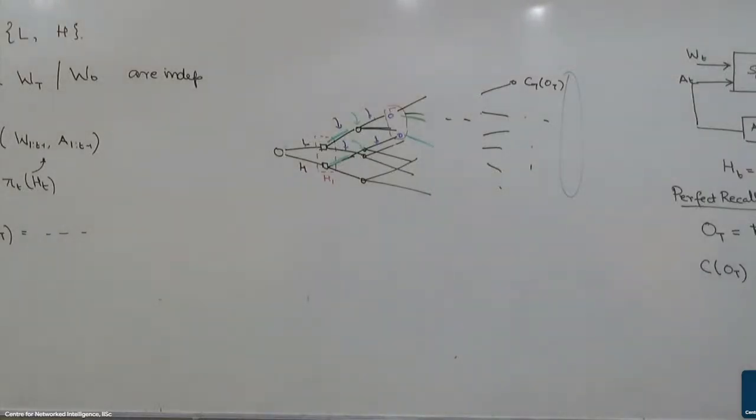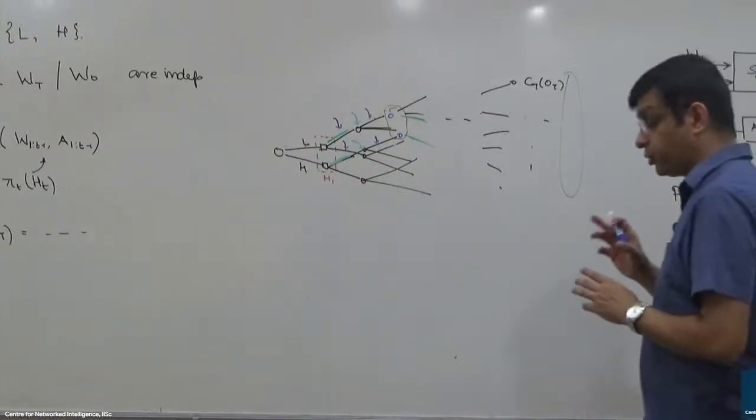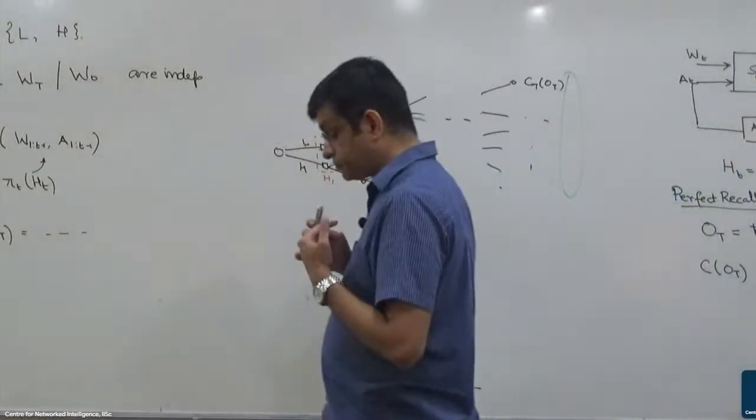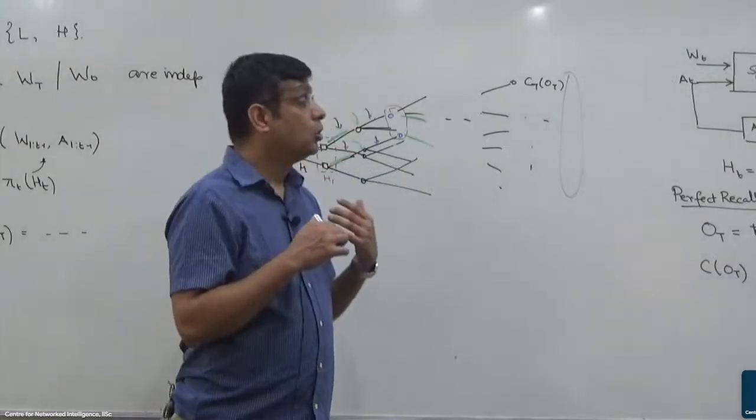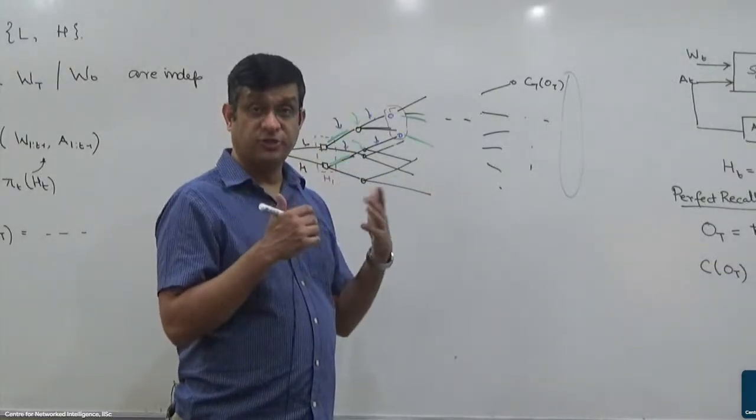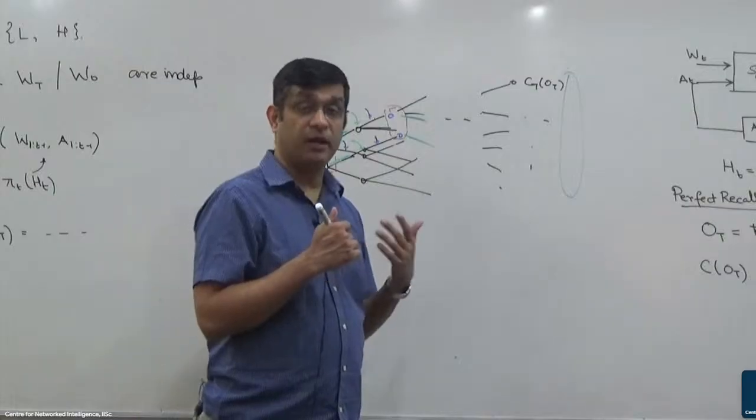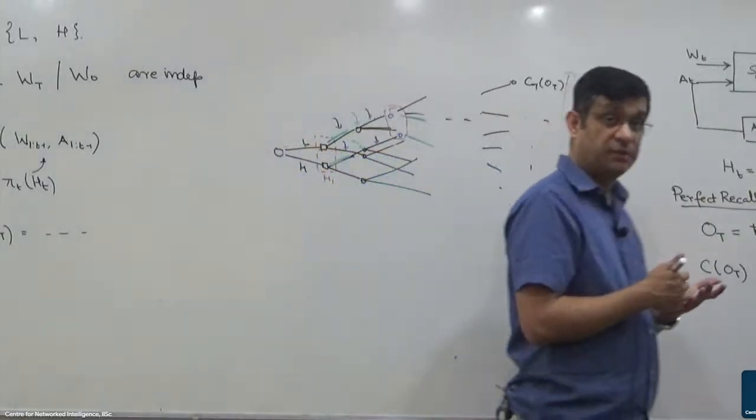So, for now the view I am going to take is that I am going to find the optimal policy using dynamic program, and dynamic program is what it is. Okay.